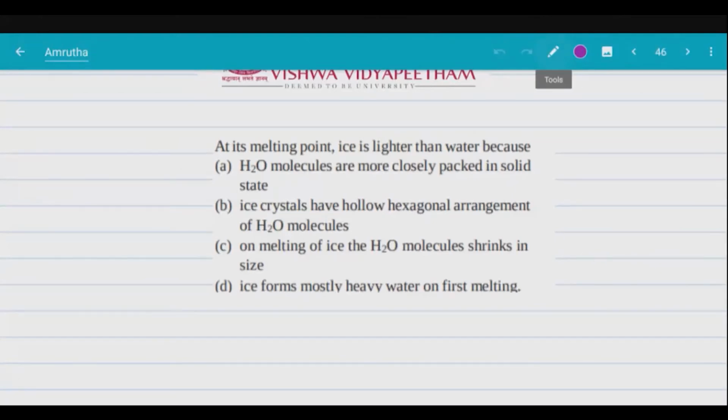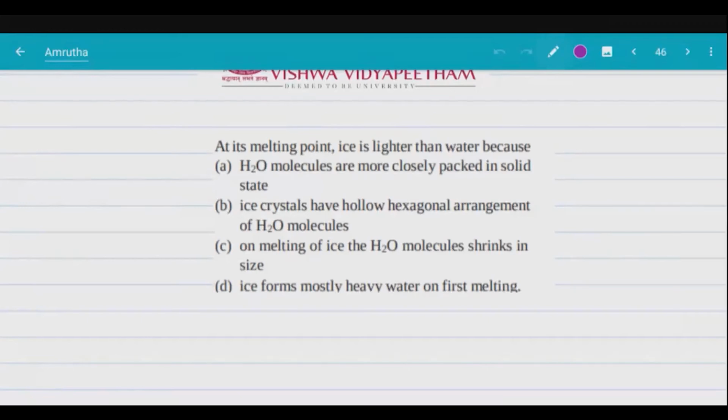Read the options carefully. See, it is the unique behavior of water. So there is unique behavior. I'll tell you what it is.